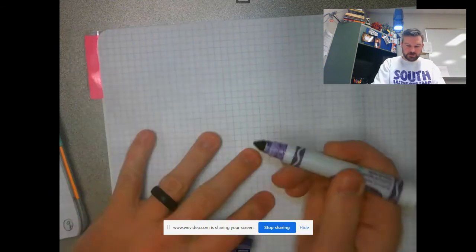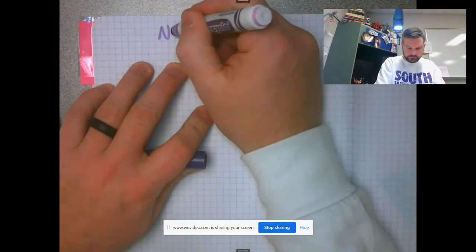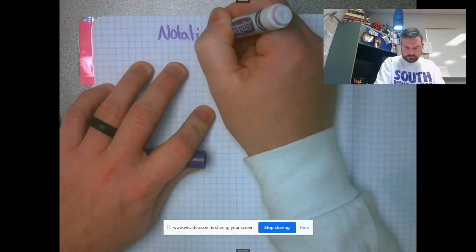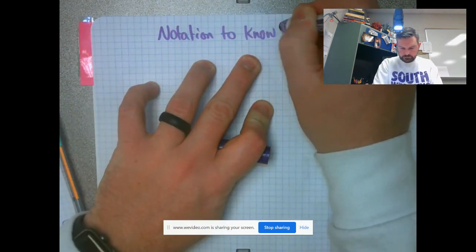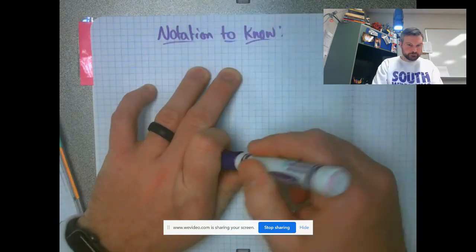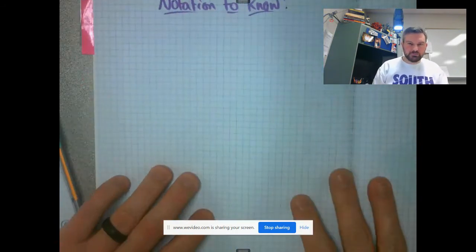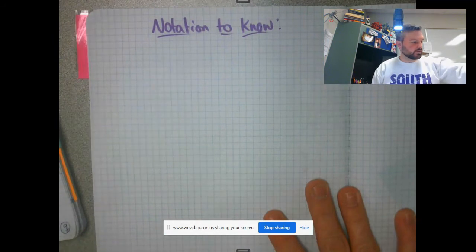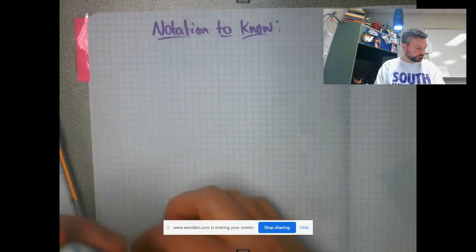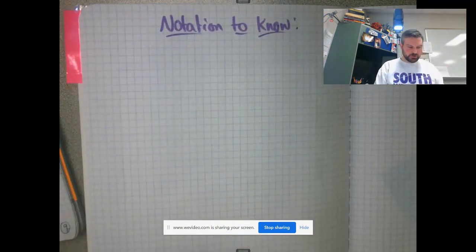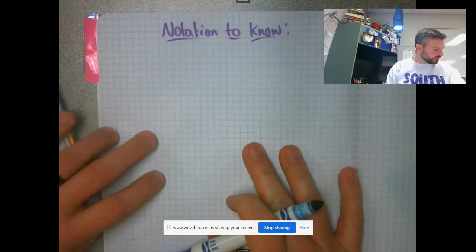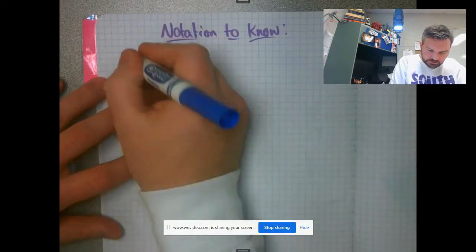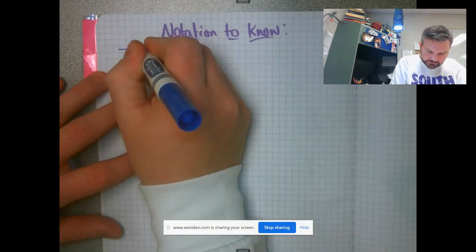So this will be notation to know. Okay, so this is some symbols that you're really going to want to know. Okay, number 1, we'll start with things that we've gone over already. So number 1 would look like this.